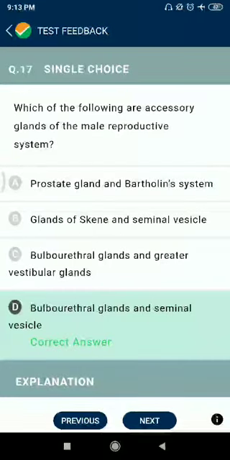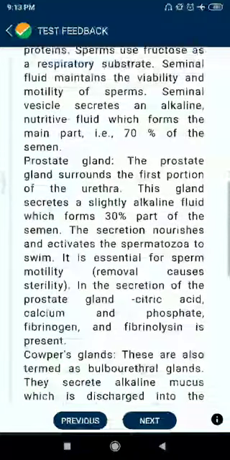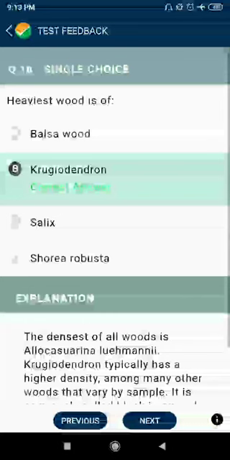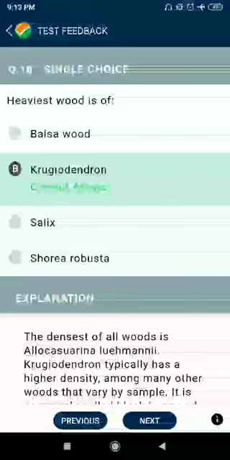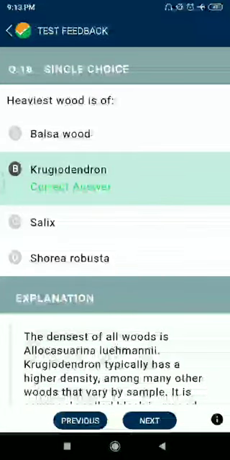Question number 17. Which of the following are accessory glands of the male reproductive system? Bulbourethral glands and seminal vesicle. Question number 18. Heaviest wood is of Xylia xylocarpa, although this is not given in NCERT, so this is not important.